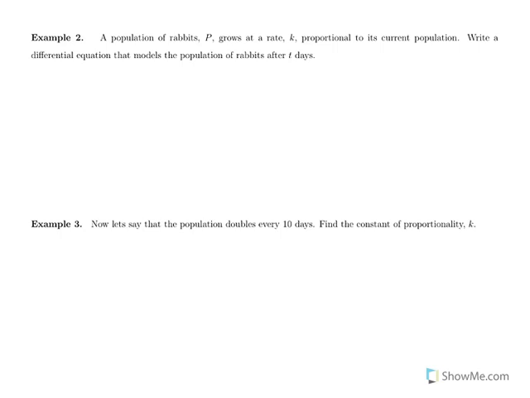So what this is going to look like is we're going to have the derivative of p with respect to t, that's dp dt, is going to be equal to this k, that's our rate, times the population. That's what it means to be proportional to something, is we're going to multiply those together. So this k is representative of our rate. The p here is our population at any time.